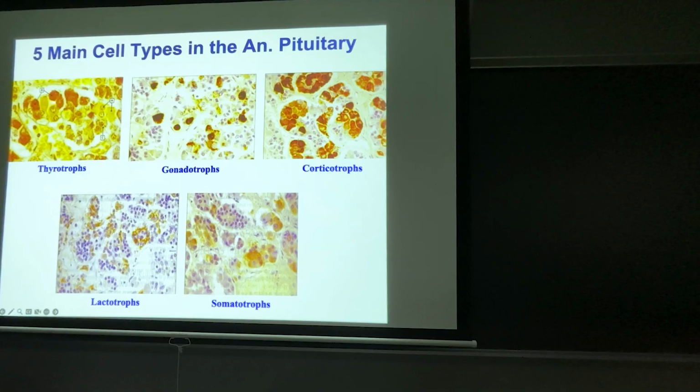So these guys that are in brown up here are what are called thyrotrophs because they are staining a hormone called TSH, thyroid stimulating hormone, or it's called thyrotropin, all right, as you're going to see. Gonadotrophs, they release gonadotropins, all right?